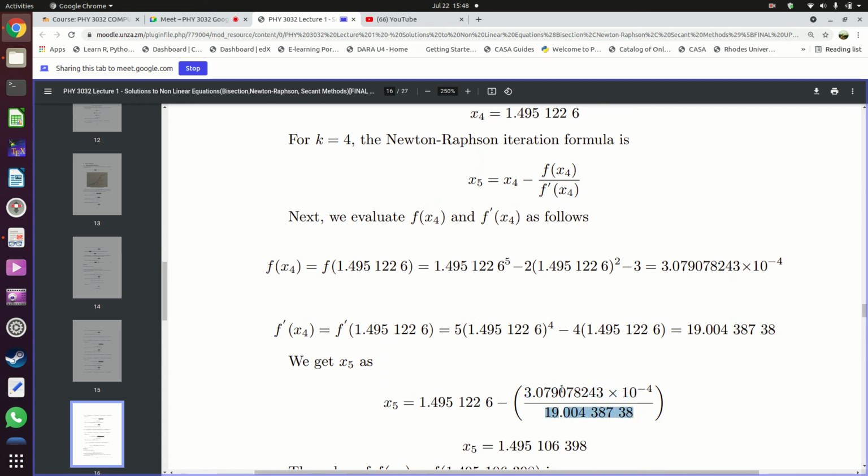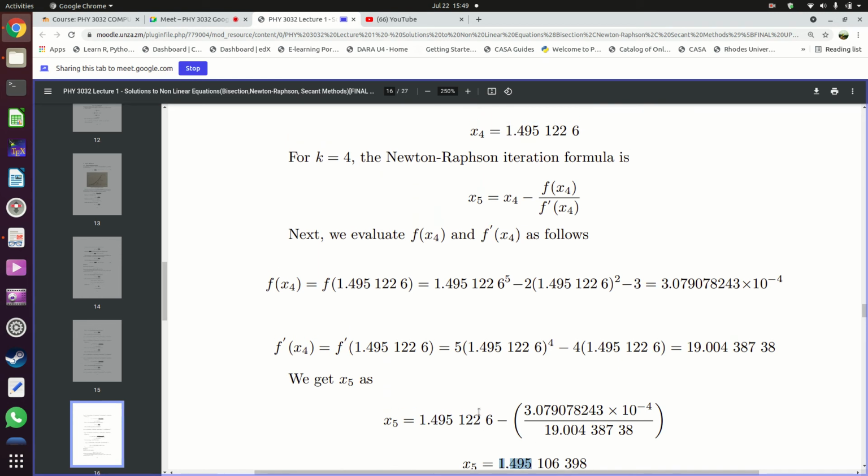When I do this division, I'm dividing a very small number by a significantly larger number, so basically I end up with almost 0. Whatever I end up with here, I subtract from x4. When I do that, I end up with x5 equal to 1.495106398. What do I have on top here?